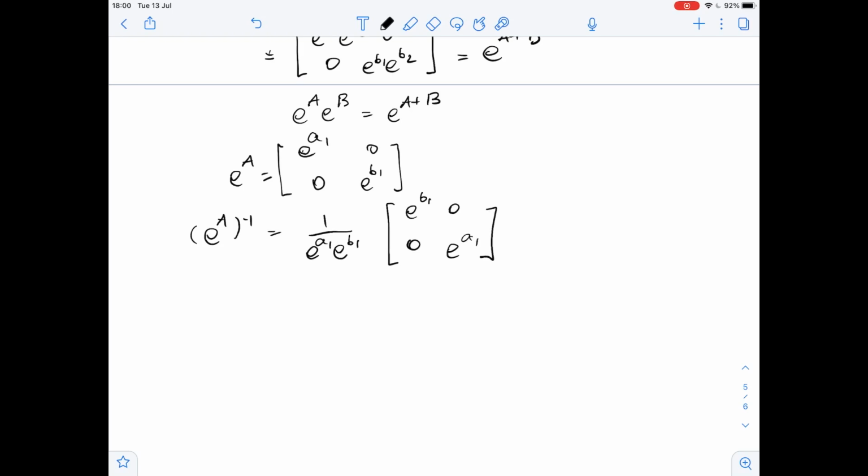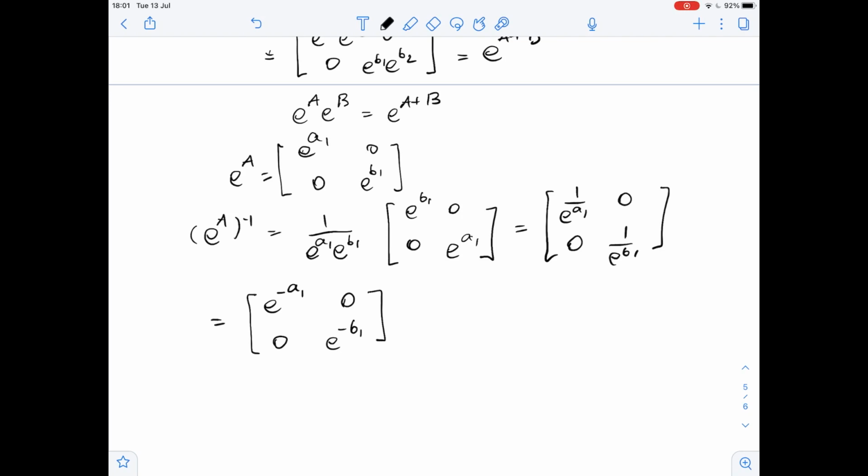So here we get 1 over e to the power of A1, 0, 0, 1 over e to the power of B1, and this equals e to the power of negative A1, 0, 0, e to the power of negative B1.